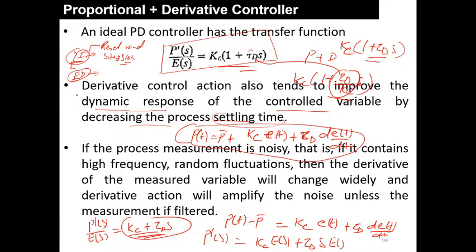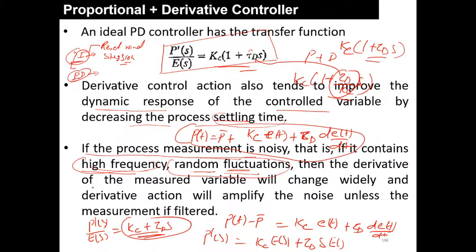Further, if the process measurement system, the sensor, is noisy, and it contains high frequency random fluctuation, all types of noise, then what will the derivative controller do? The derivative controller takes the measured signal as an input.